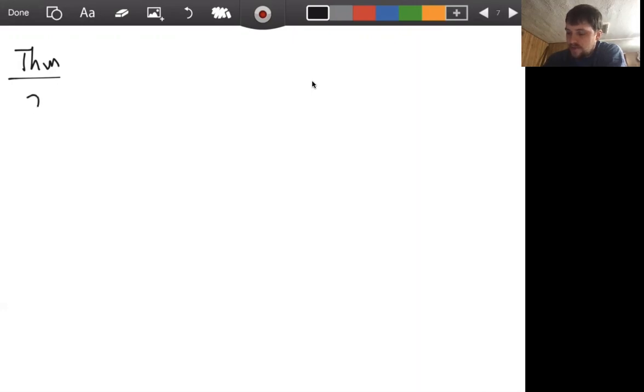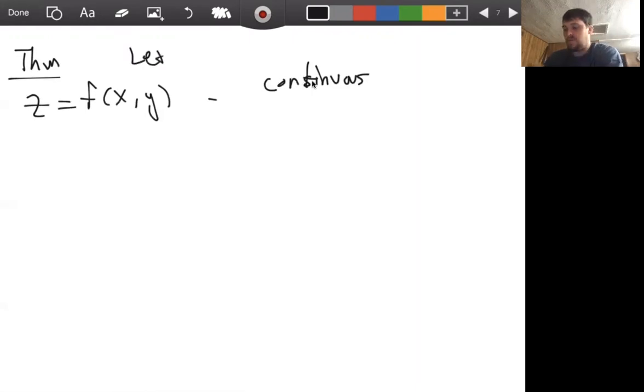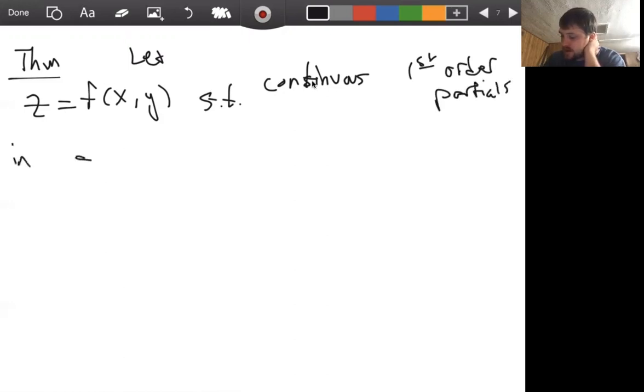So first, let z equal f of x, y. Let z be a function such that we have continuous first order partials in a neighborhood, let's say U, containing the point x naught, y naught.